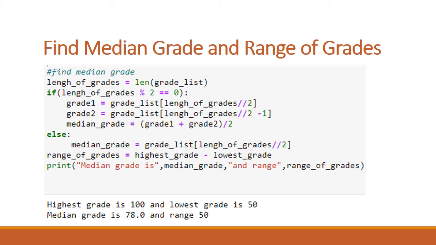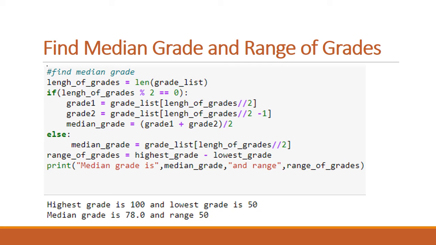First, we find the length of the grades using the built-in length function and our grade list as parameters. Next, we determine whether or not the length of our grades is even. So if the length of grades mod 2 is equal to 0, that means it's an even number of grades.